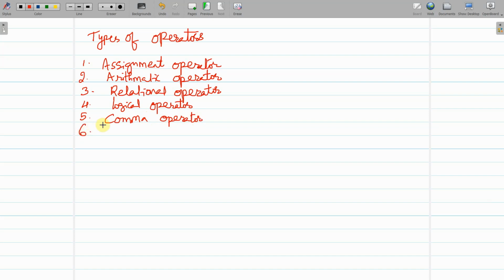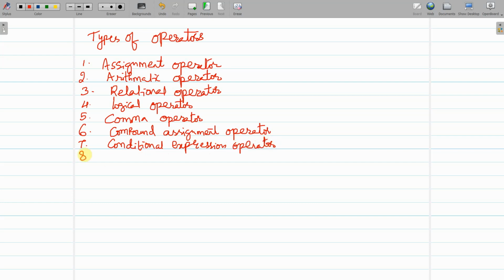The sixth one is the compound assignment operator. The seventh one is the conditional expression operator.